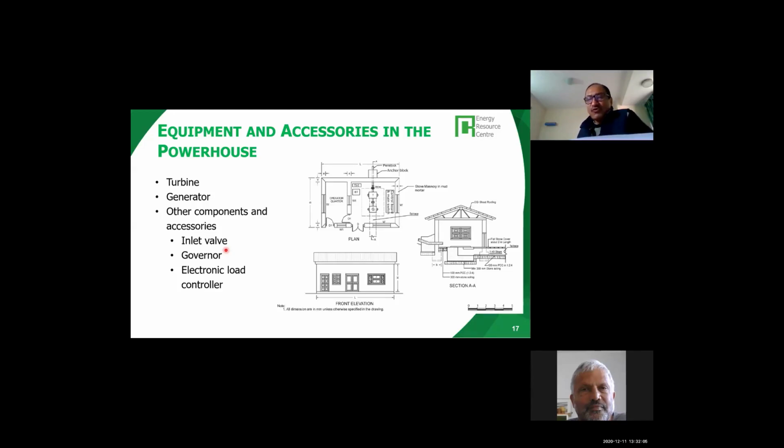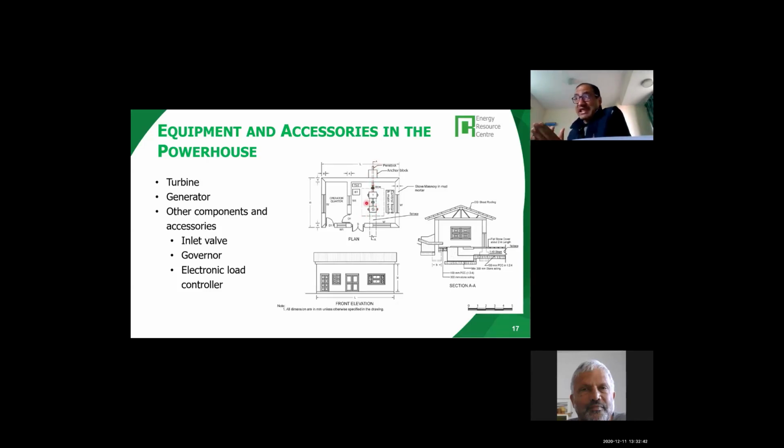Before I go into the turbine selection part, I want to mention that you also have to design the powerhouse. The powerhouse design has to make sure there is enough space to house the turbine, the generator, and other components and accessories, such as the penstock inlet valve and the anchor block.